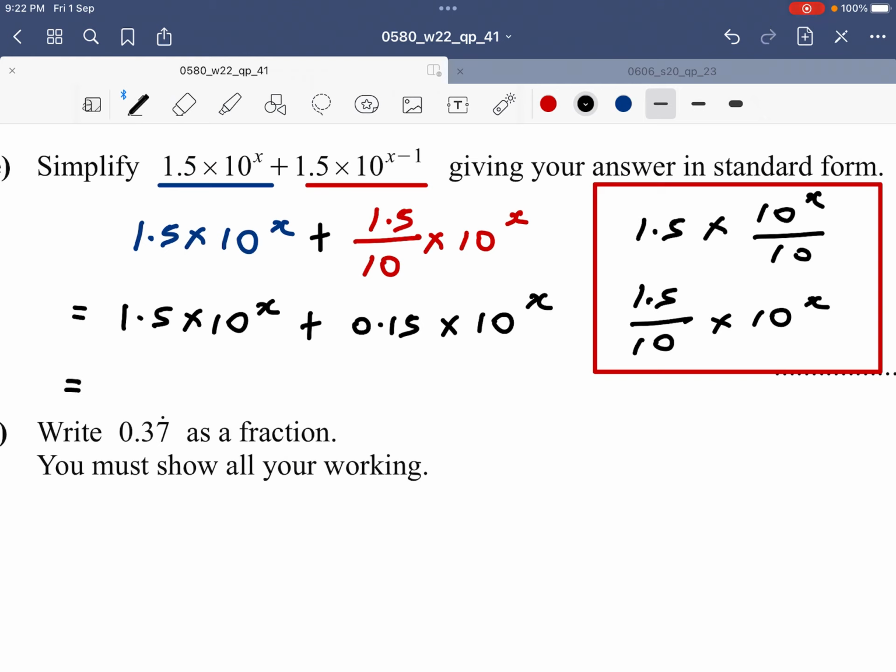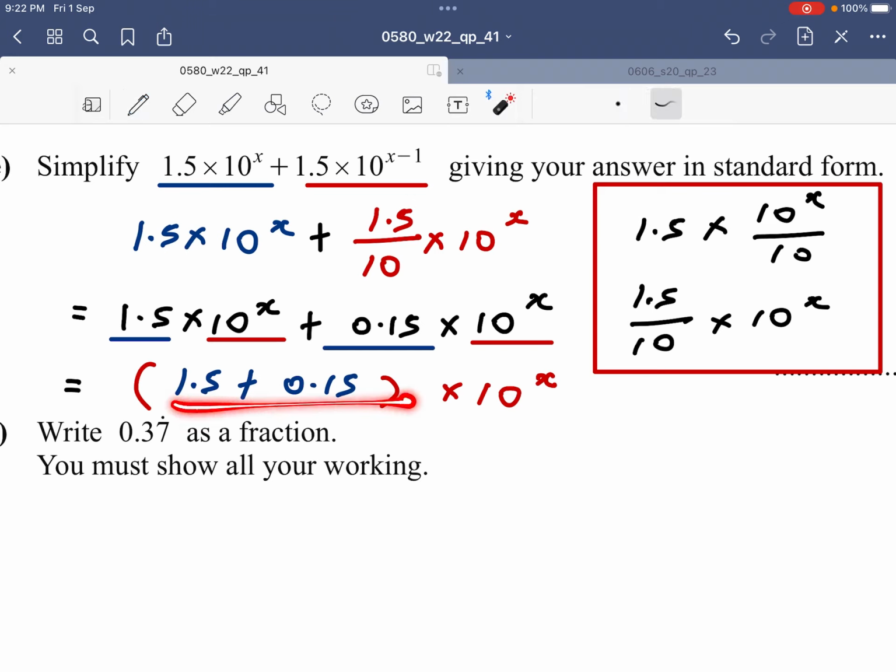When I have a common factor of 10 to the power of x, I take it out and put it after the bracket. I just have to write times 10 to the power of x, and whatever is left, 1.5 plus 0.15, will be in the bracket, because you can combine this part. So the final answer would be 1.65 times 10 to the power of x.